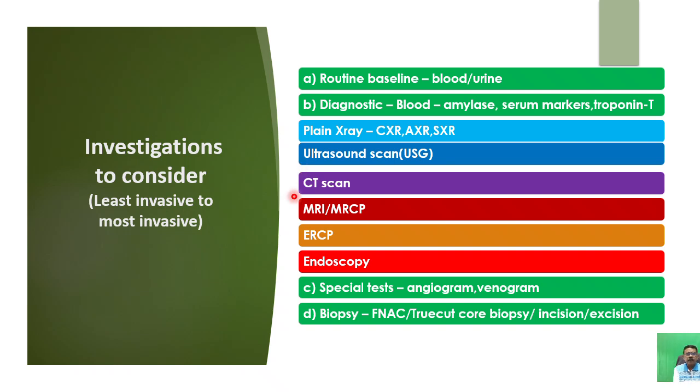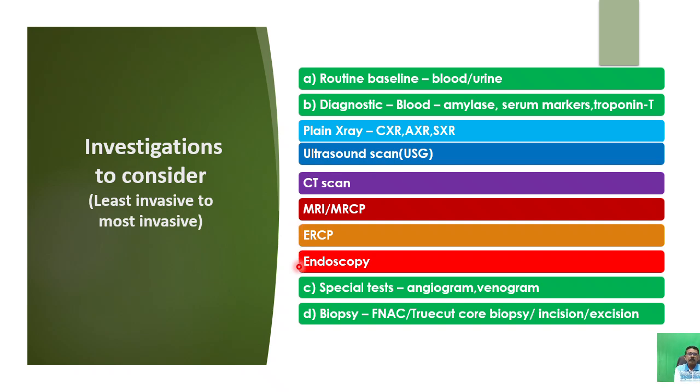Next, CT scan of the abdomen, head, or whichever part you are dealing with. MRCP, which is an MRI examination. ERCP, which is usually done for pancreatic and hepatobiliary problems and patients with jaundice where you suspect obstruction of the bile ducts.